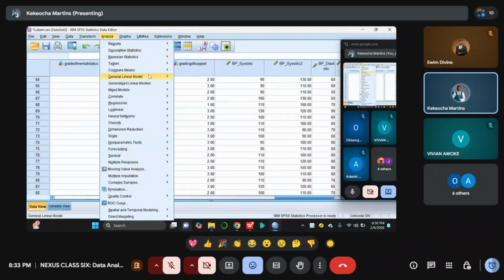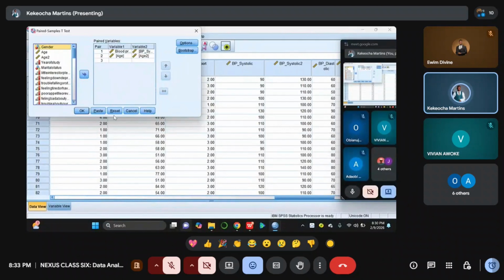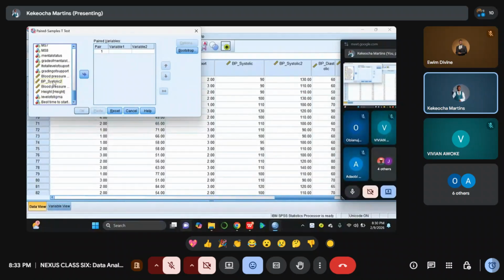So we'll go over to analyze. We'll go to compare means. There is paired sample t-test. So here we look for the 2 readings, which is blood pressure. This is the first one. Then you choose the second one, which you are comparing it with.